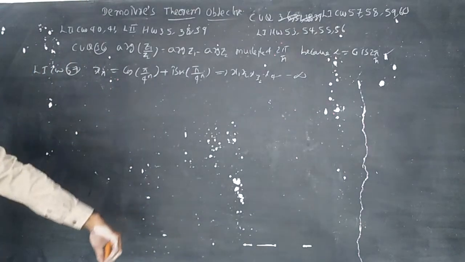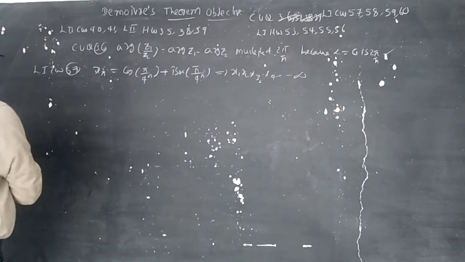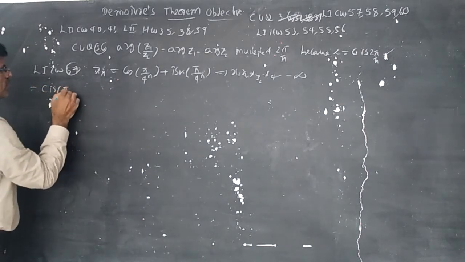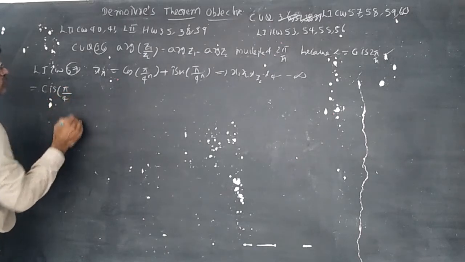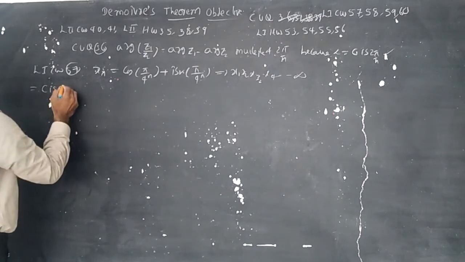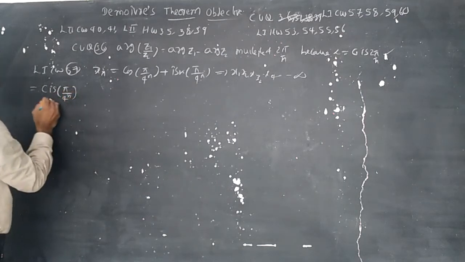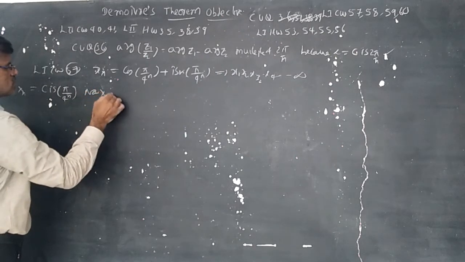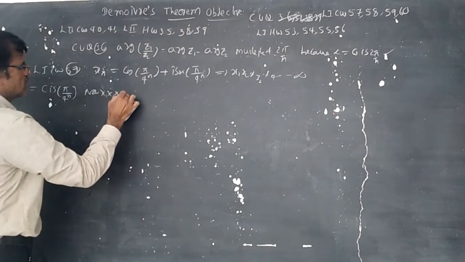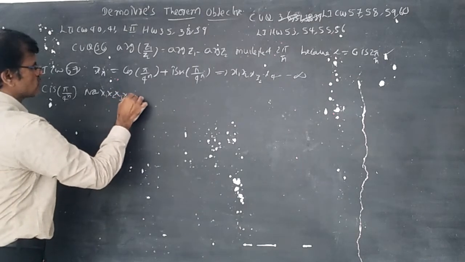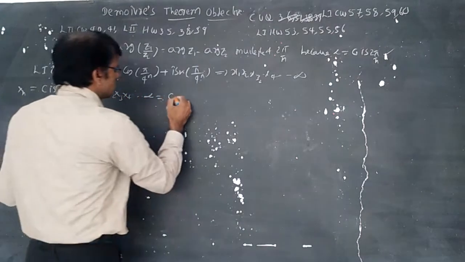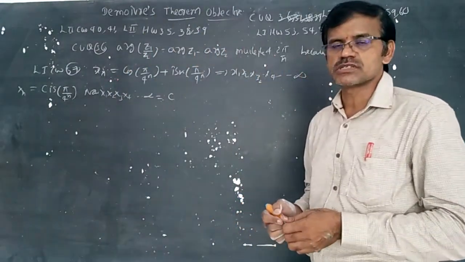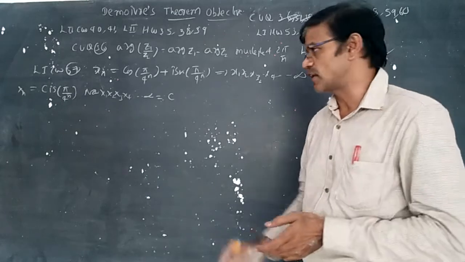So x1, x2, x3, so on, we can write by applying 1, 2, 3. Cis of pi by 4 power n is xn. Now x1, x2, x3, x4, so on until infinity is equal to cis theta 1 into cis theta 2 into cis theta 3, so on until cis theta n, which is equal to cis of theta 1 plus theta 2 plus theta 3 plus so on theta n.